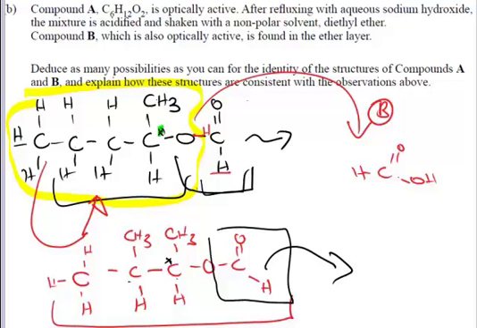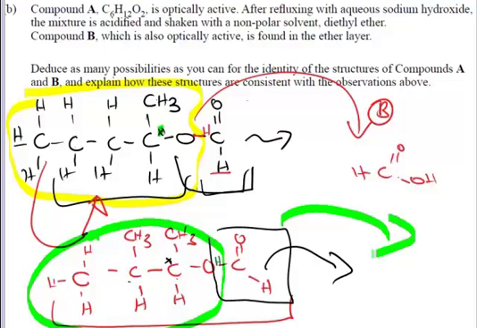That one's going to go, and instead of an O, we're going to have an OH here. When I was redrawing it for B, this whole structure here would be A, but when I redraw it on the other side, the one I've surrounded in green with the OH would be B, the product of base hydrolysis followed by acid hydrolysis, but the actual ester to start with would be this whole one that's optically active.